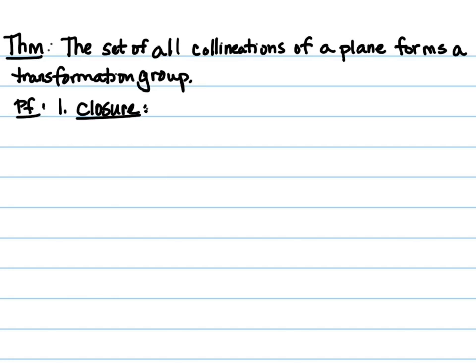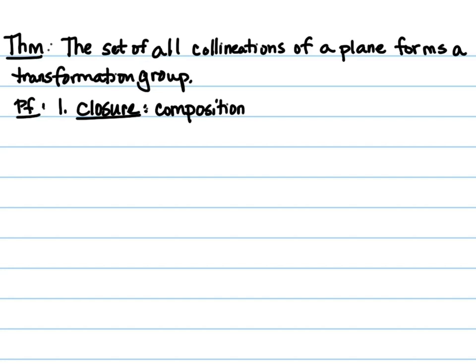So we're verifying. Some of them are more a fact that we have to actually write down descriptions for, and some of them are just stating a fact. So what happens when we compose 2 collineations? Will we get another collineation? Yeah, imagine if I take my points and I move them 2 to the right and then I move them 3 up. Is that still going to preserve incidence?